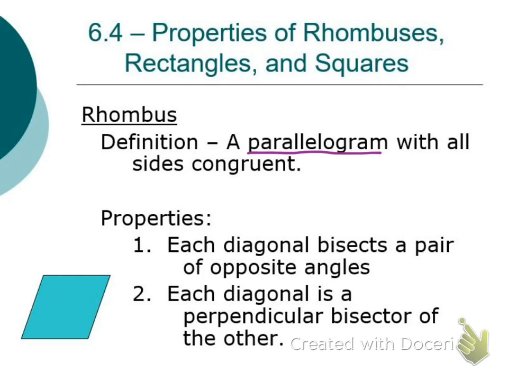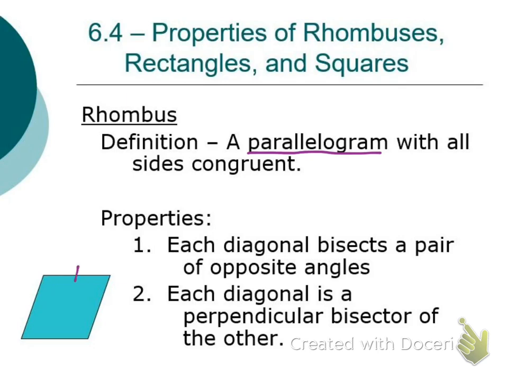What's true about consecutive angles in a parallelogram? They're set equal to 180. They are supplementary. And what's true about the diagonals of a parallelogram? They bisect each other. Okay, let's talk about the properties of our rhombus.